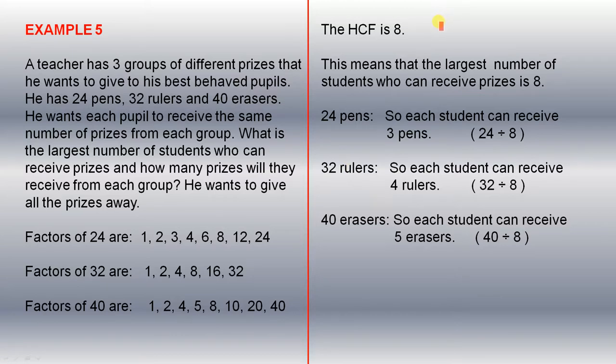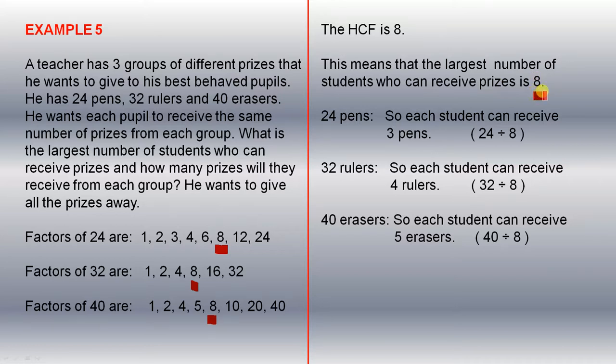So the HCF is 8, because look, 8, 8, 8. That is the highest number that occurs in all of the lists. So the HCF is 8. But what does that actually mean? This means that the largest number of students who can receive prizes is 8.